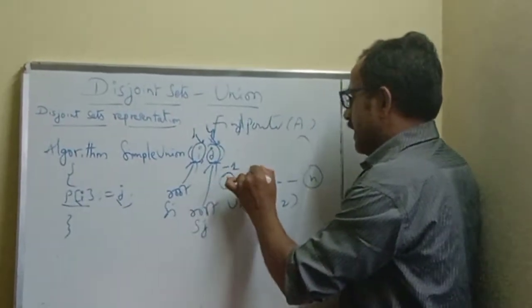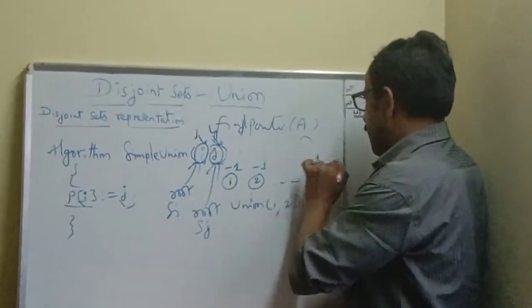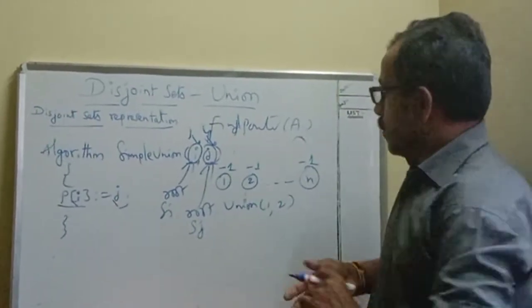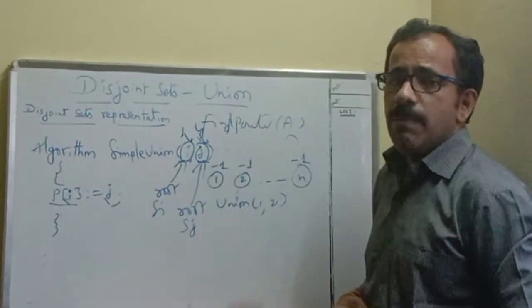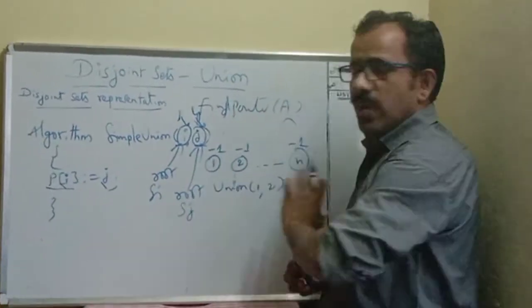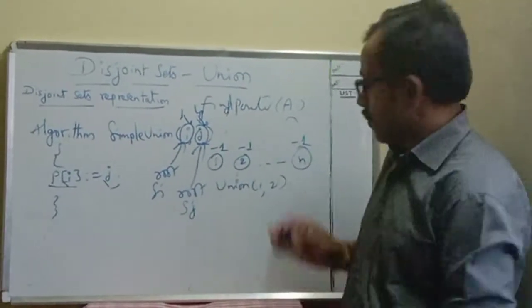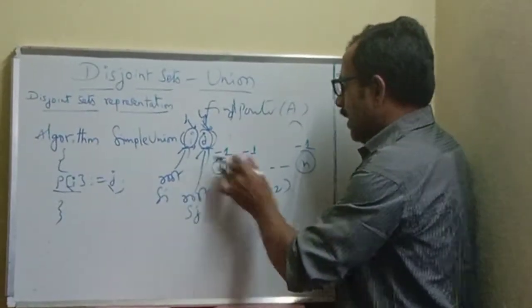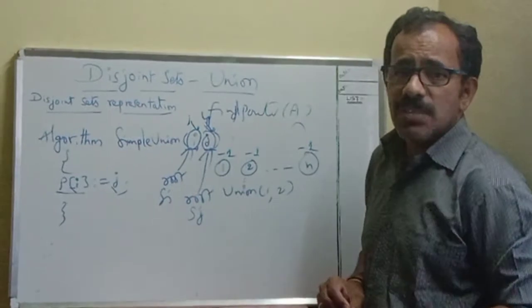I can represent that there is no parent with -1. If we represent -1 like that, then all are independent nodes. So the number is used for representing the parent. Initially all these are independent nodes, which means we are considering them as a forest, and all are represented with -1 as the parent.